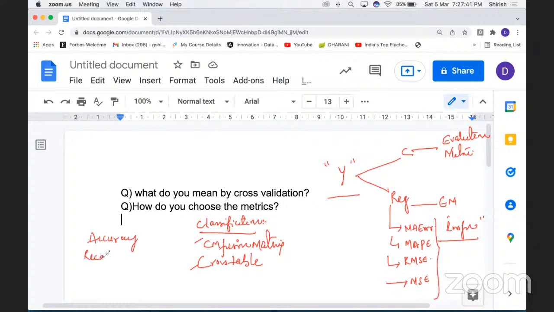You will have something called recall. You will take precision, and a trade-off between recall and precision, you go for F1 score. These are the most commonly used.